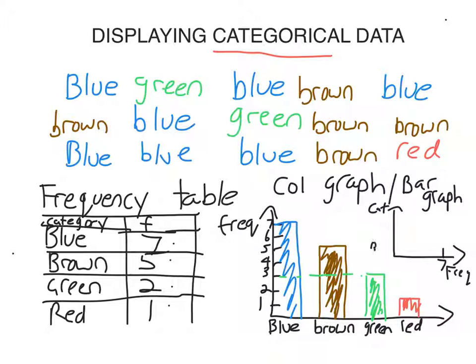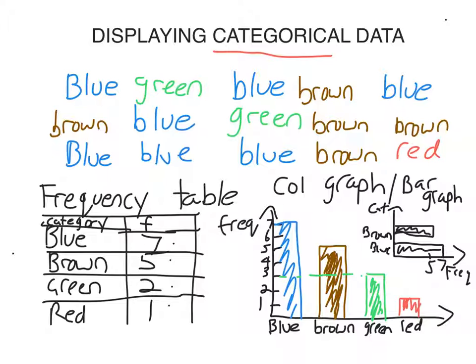So I'd have blue here, and the bar would go across like that. Then I'd have brown, and it would go across to 5. They again wouldn't touch. So in a bar graph, the bars are horizontal. In a column graph, they are vertical. That is literally the only difference between them. They are pretty simple as well.